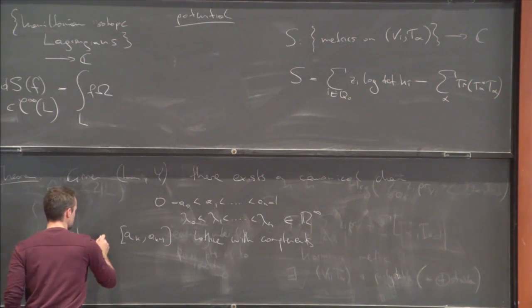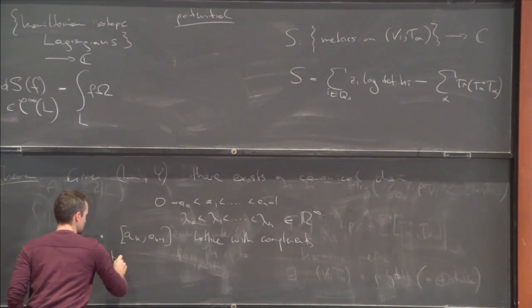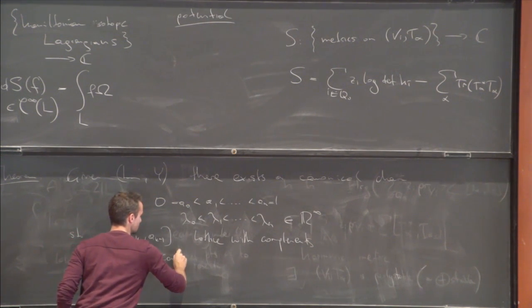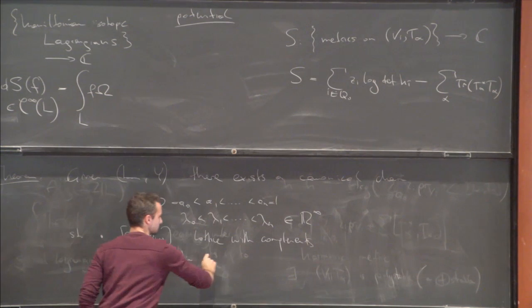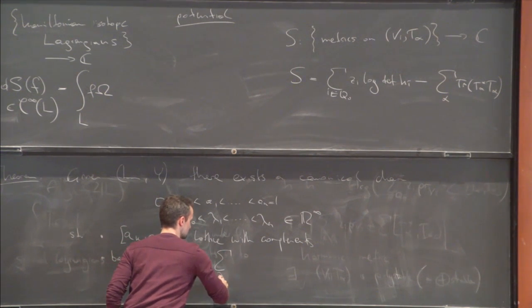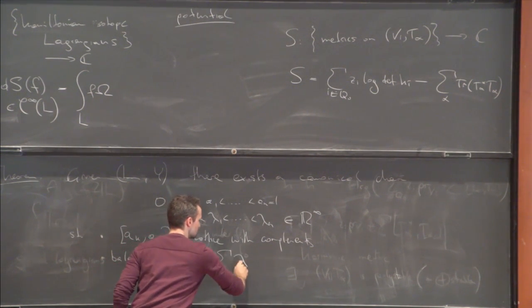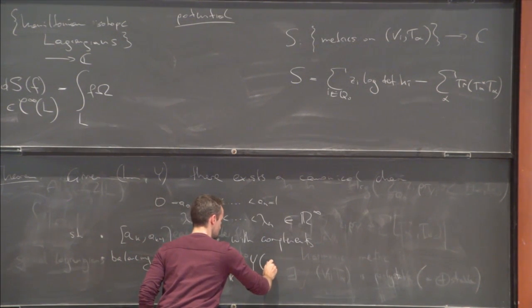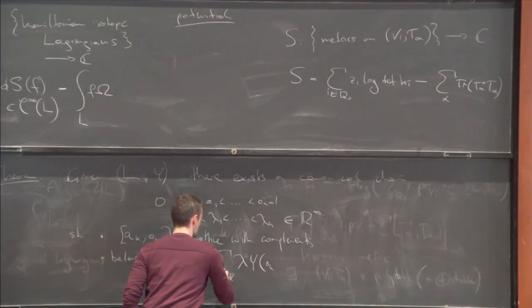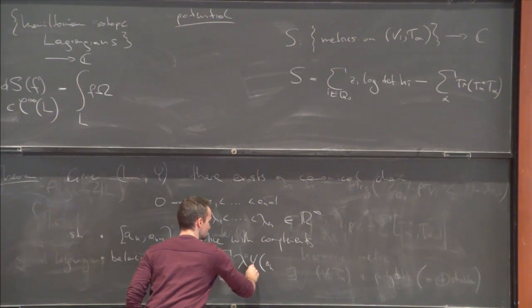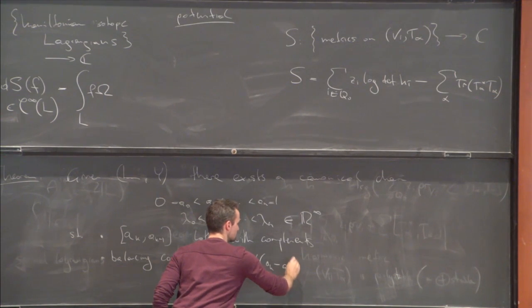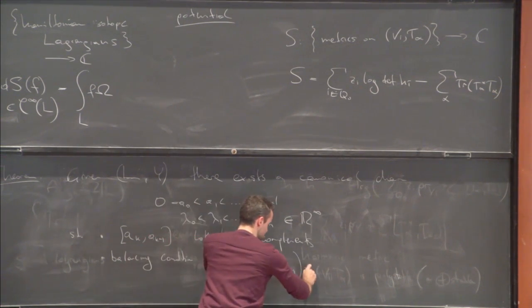And it has a balancing condition: the sum over k of lambda k times y of the interval, where A minus 1 is 0.